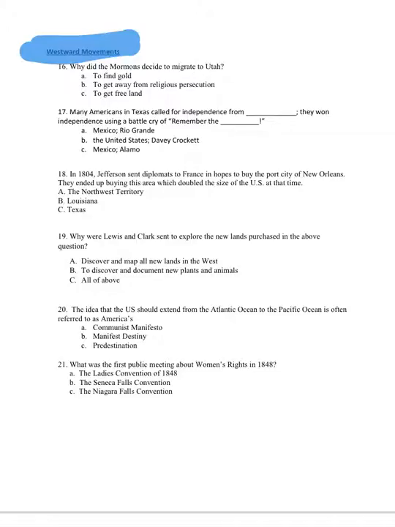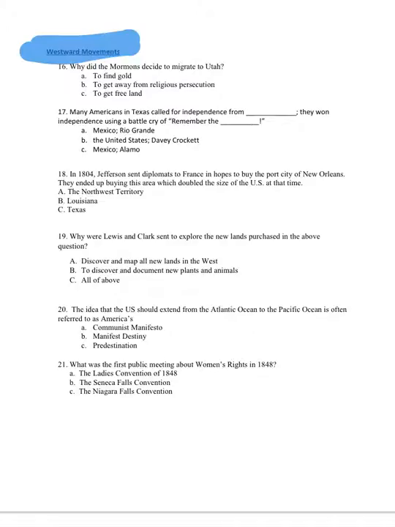Is it B? Many Americans in Texas called for independence from the United States. They won independence using a battle cry of remember the Davy Crockett. Or is it C? Many Americans in Texas called for independence from Mexico. They won independence using a battle cry of remember the Alamo.